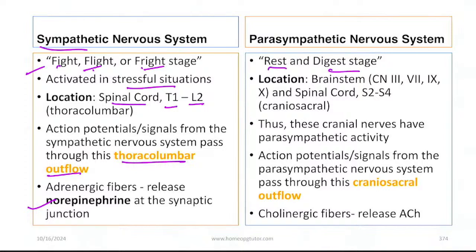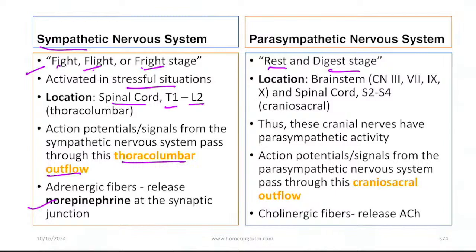Relaxation, rest and digest, is via the parasympathetic nervous system, and this is via the craniosacral outflow. Remember, craniosacral outflow.